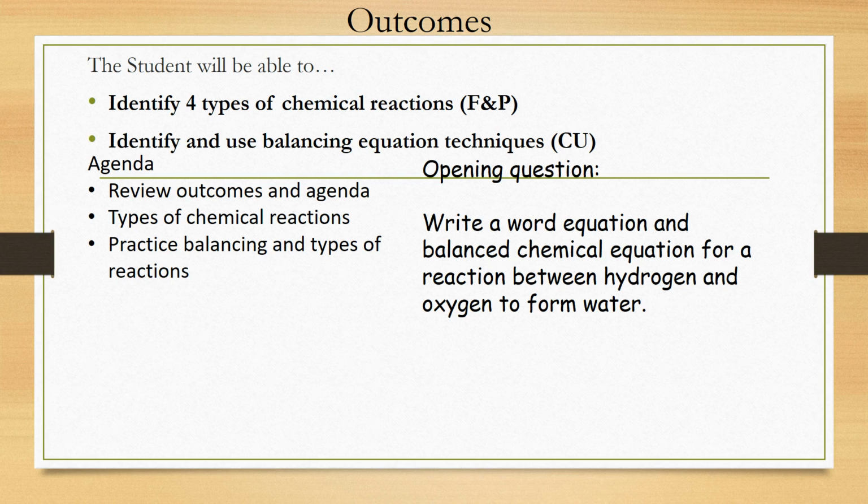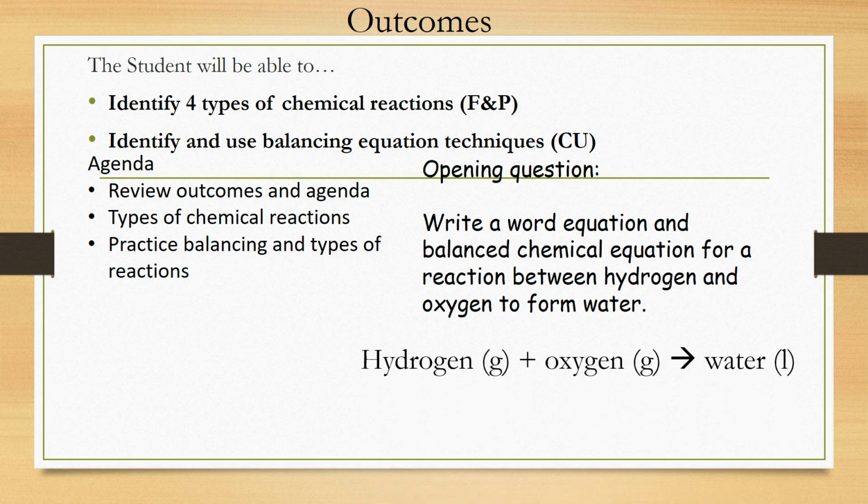So the opening question today was simply: write a word equation and a balanced chemical equation for the reaction between hydrogen and oxygen to form water. So taking my prompt, turning it into a word equation, you would have had hydrogen, which if you wanted to note, would be in gas form, oxygen, which could have been noted as gas as well, and then water is a liquid.